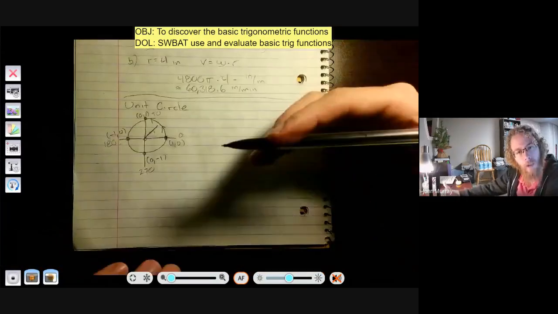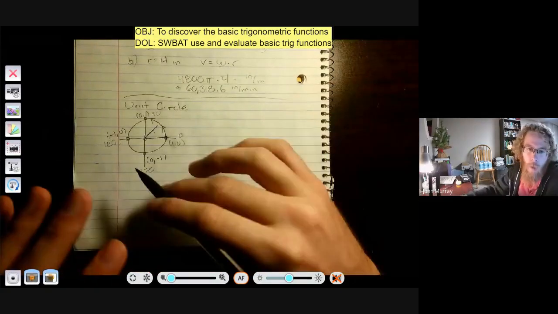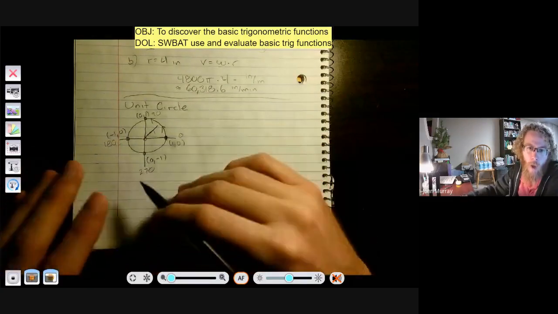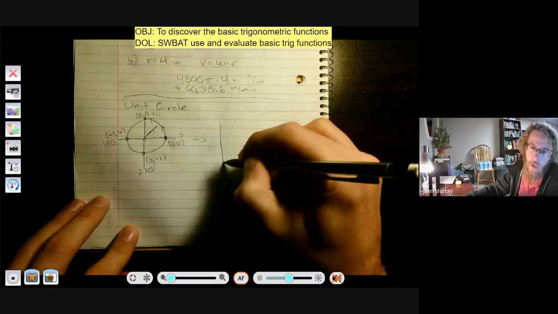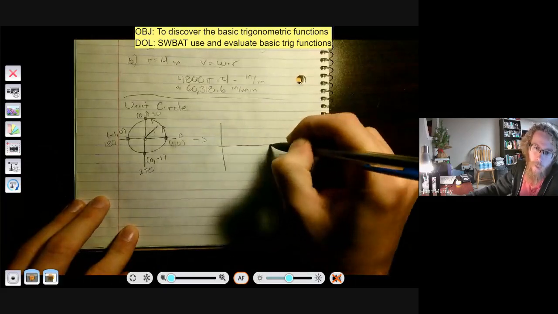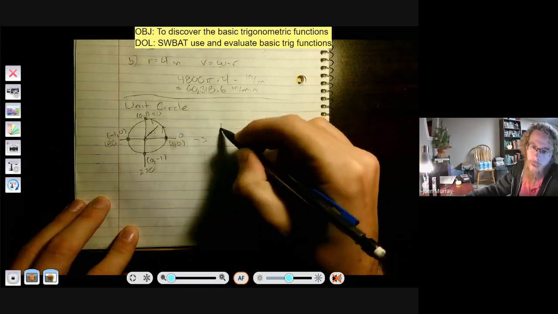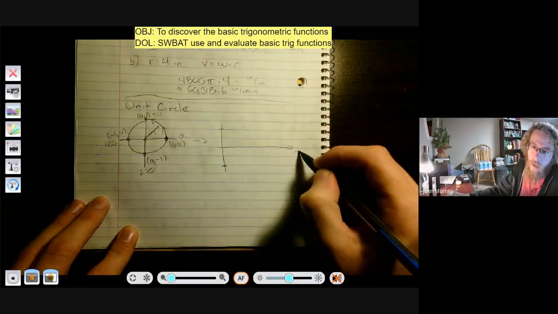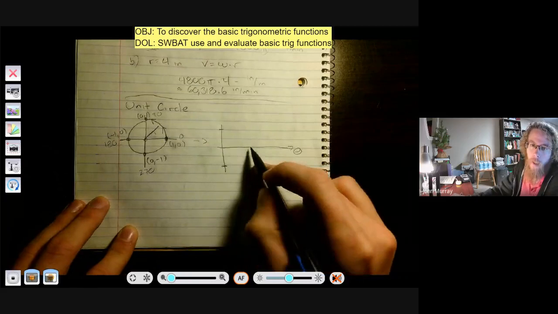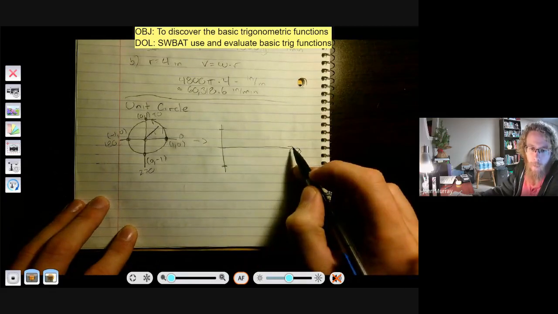Well, if we're talking about the unit circle, okay, what we can do is map the x and y coordinates as they go. So I'm going to change my coordinate plane depending on what angle I'm talking about.